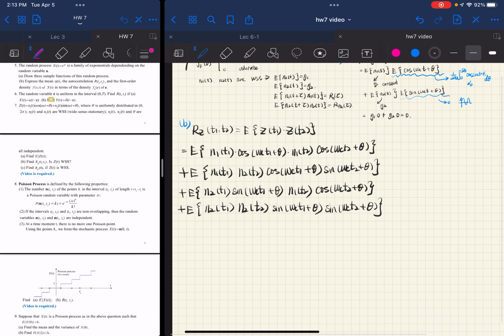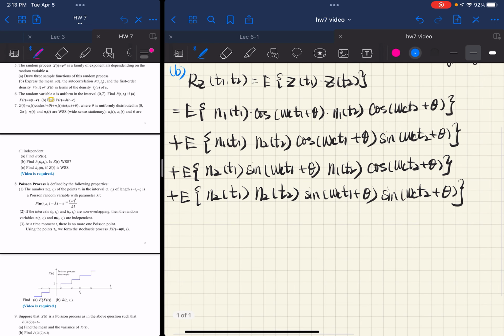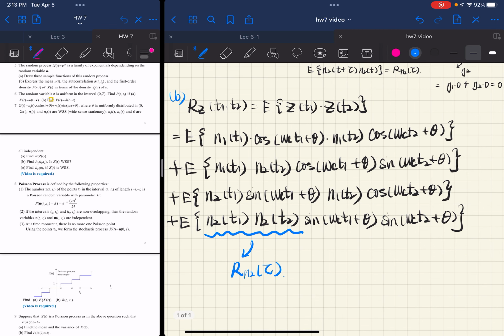Based on the stationary property of n1 and n2, this term equals R_n2(tau), and it's a function of tau. Also this term equals R_n1(tau).